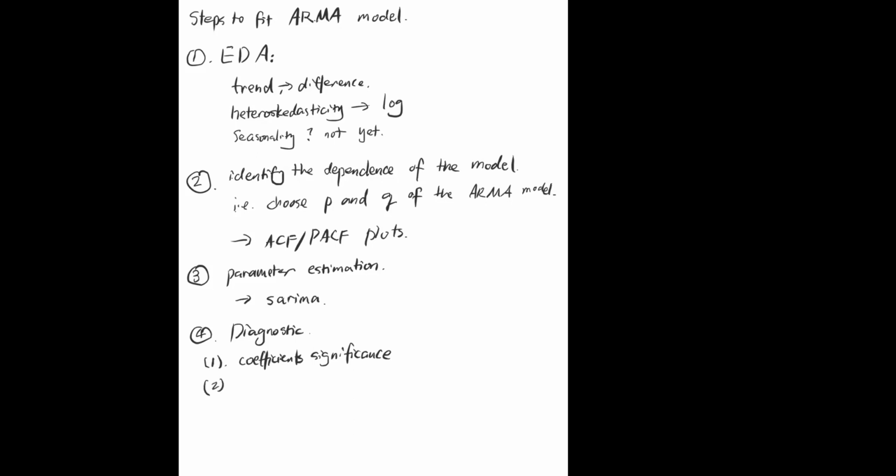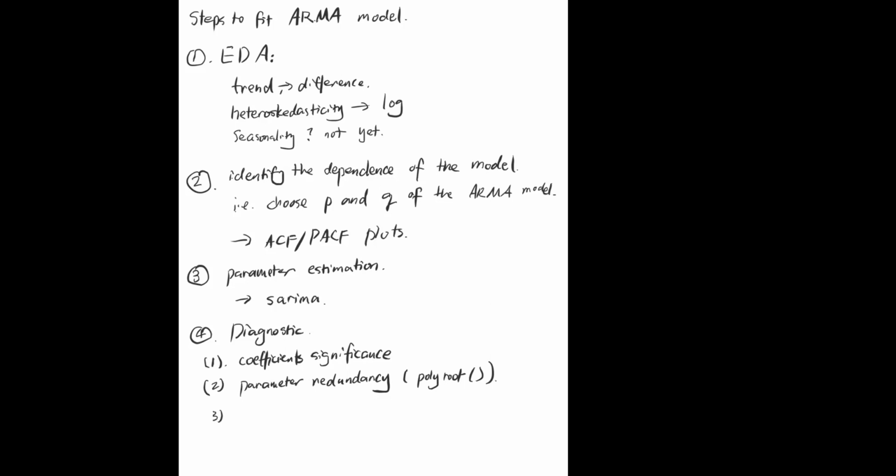Number 2, we want to use the simplest model for our analysis, the parsimonious condition. So, the parameter redundancy, and we use the polyroot command in R to check the parameter redundancy.